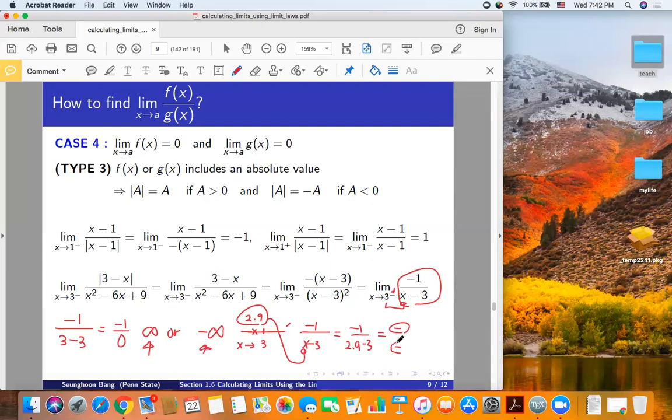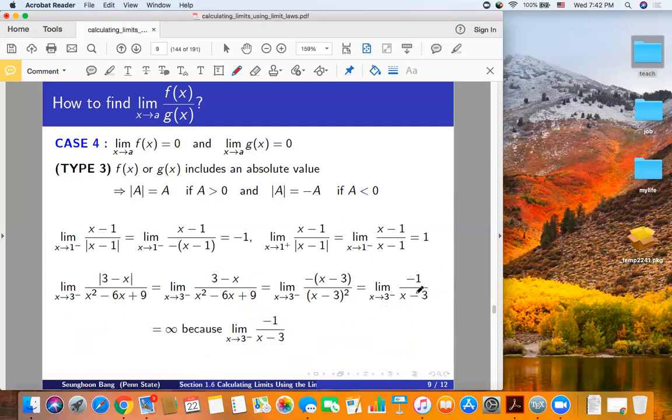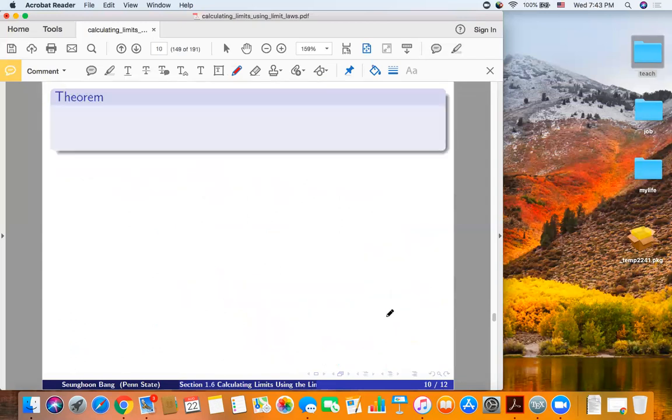The bottom one is negative. Negative over negative is positive, so the answer is positive infinity. This is the reason. So this is the answer: positive infinity.